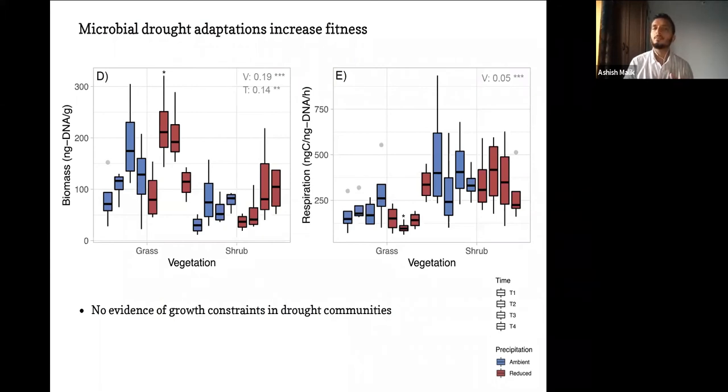And this could mean that the microbial drought adaptations that we saw through the various stress tolerance mechanisms, mostly linked to osmolyte, are probably giving the microbial communities, the populations within the communities, an increased amount of fitness, so that their decomposition capabilities and growth is not really getting affected by drought, and the adaptation that they've formed is allowing them to grow really well, or grow at the same level as the ambient treatment.